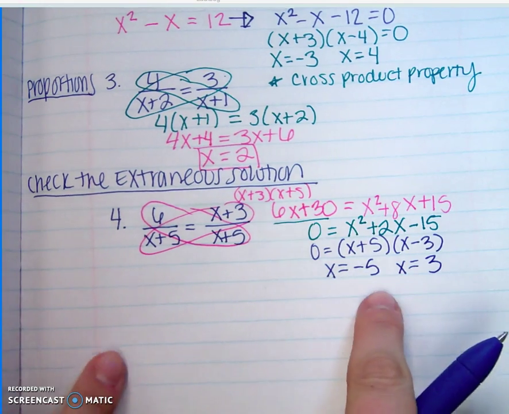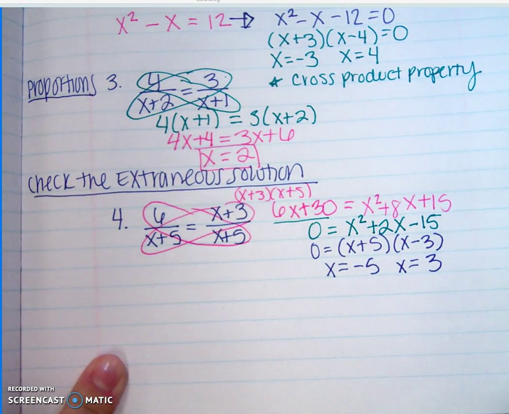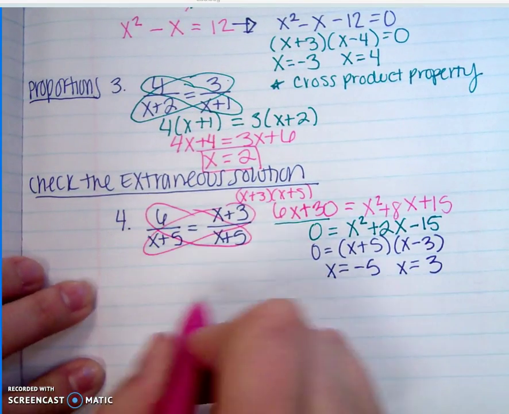And we're going to plug it in to see if it works. That's the part where we're checking that extraneous solution. All right, so plug in the negative 5 first.